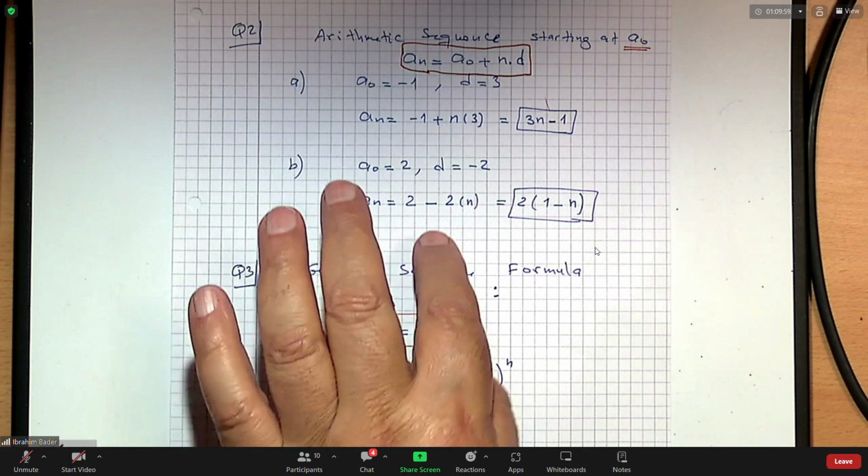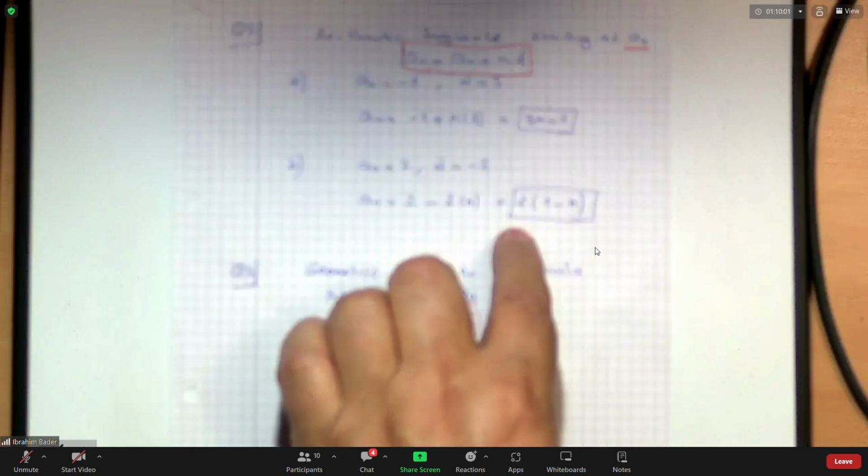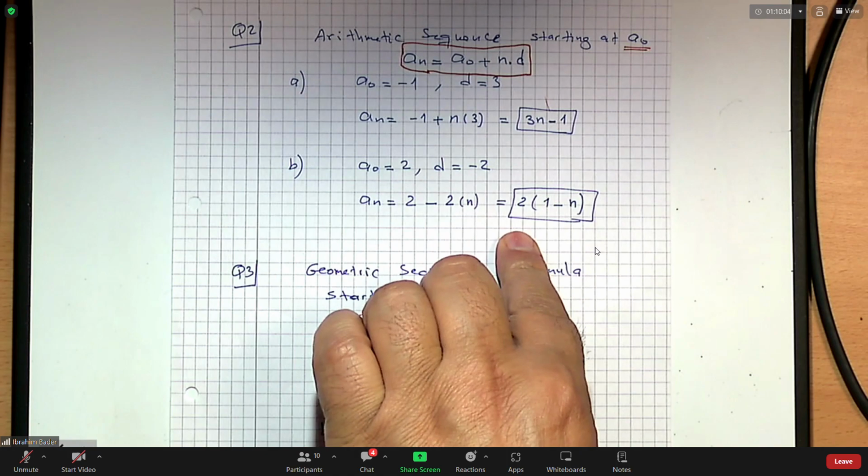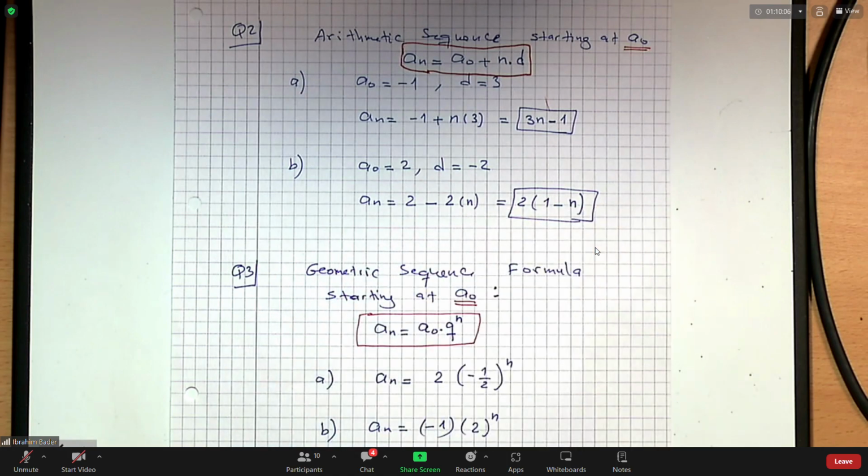If I want the 50th term of this one, I will just multiply 2 with 1 minus 50, which is negative 49. So I get negative 98. Okay, so this is how we use the general term.